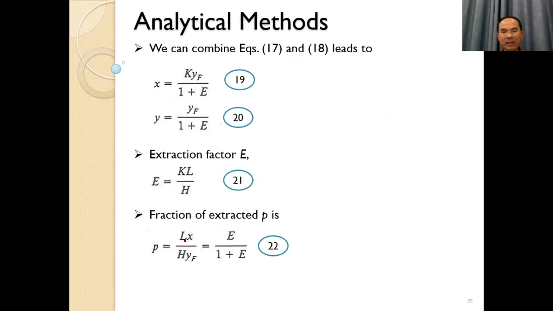P is equal to LX divided by SYF. SYF is the amount of solute in the feed. LX is the amount of solute in the extract, or the light phase. And it equals E divided by 1 plus E. You can use this to estimate the extract, or the product, that we can separate or recover.